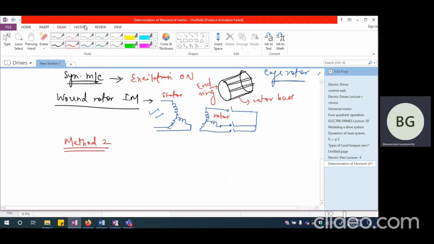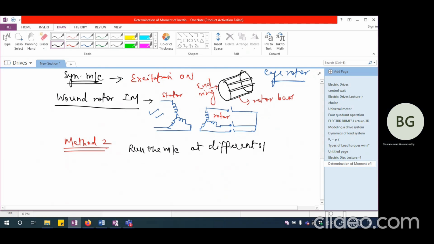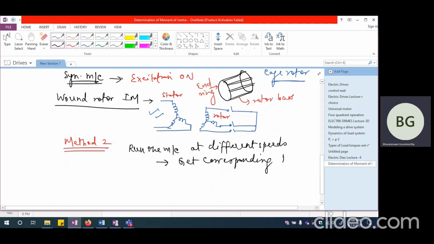So in method 2, what we are looking at is we try to run the machine at different speeds, for which you might have to use a variable frequency supply, and get the corresponding rotational loss or P reading.